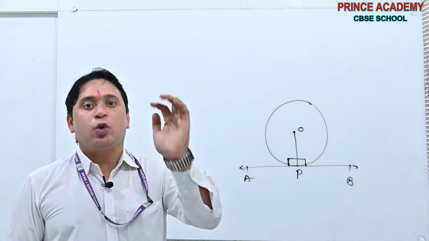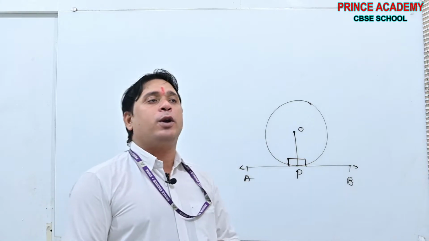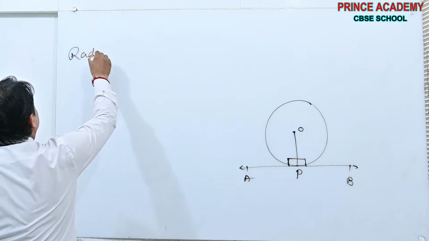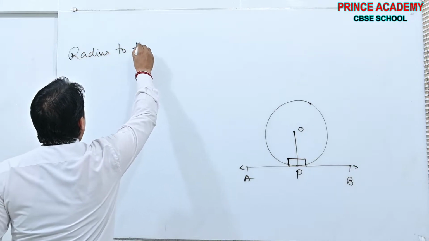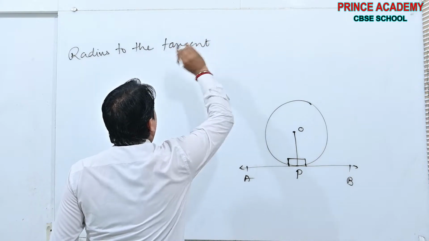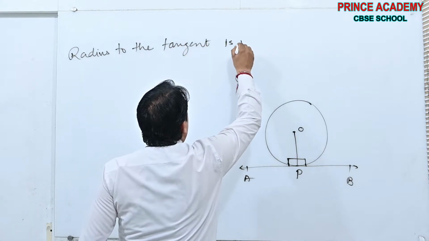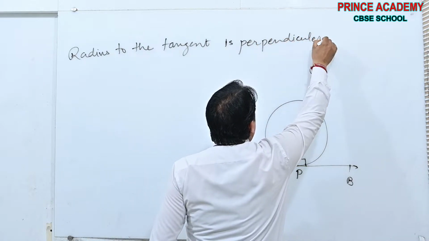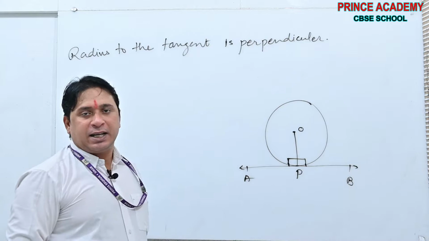The way to prove this theorem I am going to use. See, what is the theorem beta? Radius to the tangent is perpendicular at the point of contact.